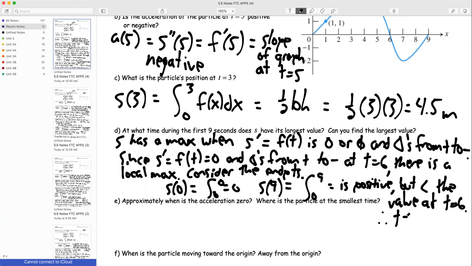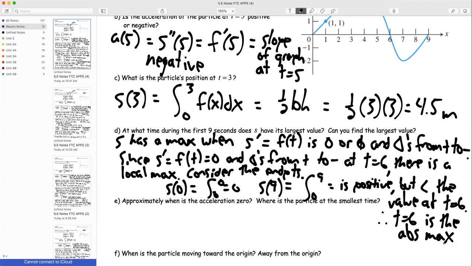Therefore, t equals 6 is the absolute max. And let me go back and answer this question. It says, can you find the largest value? In other words, can you find s of 6? If so, tell me what it is. If not, tell me why not. What is s of 6?